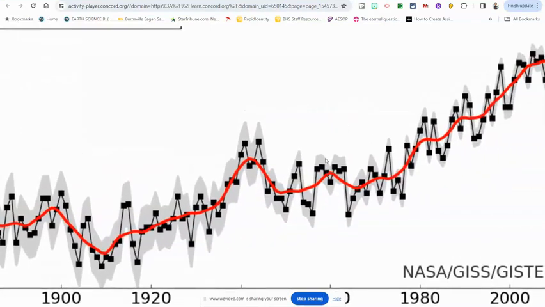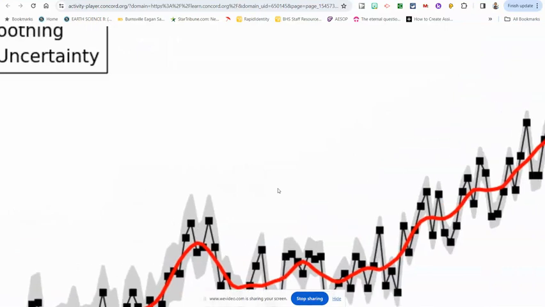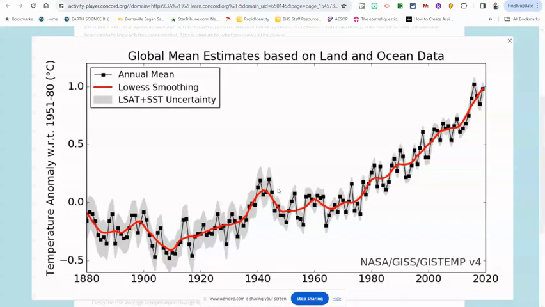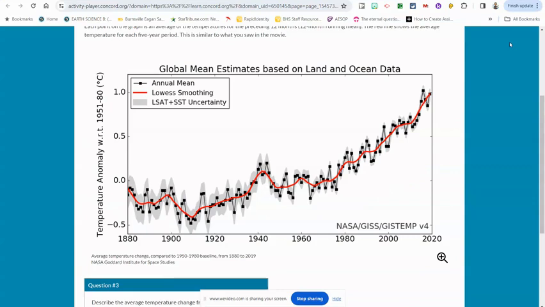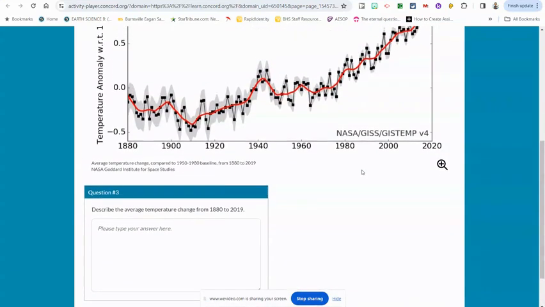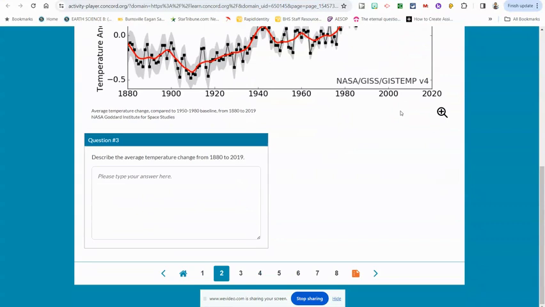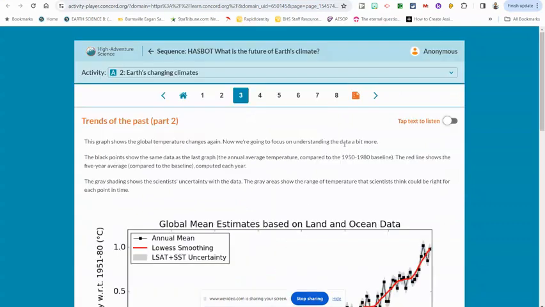As we get closer to present day, that uncertainty gets smaller because we have better data collecting measures. Got it? Okay. Question: describe the average temperature change from 1880 to 2019. You should say that it increased slowly from 1880, and then increased a little more rapidly as you got closer to 2019.